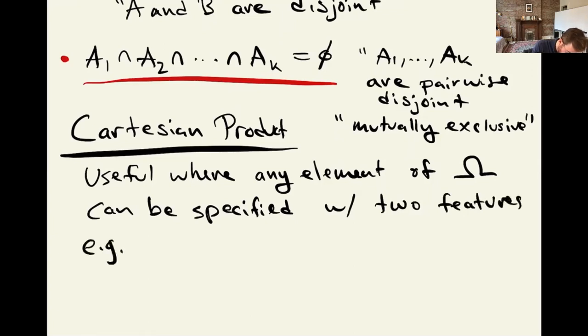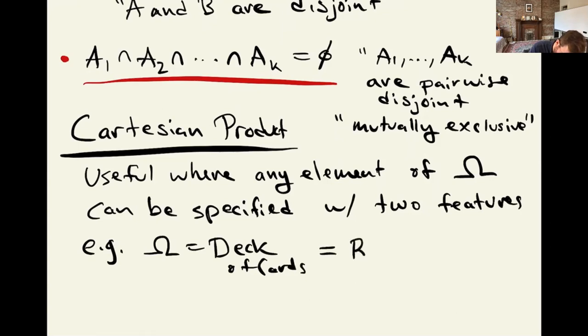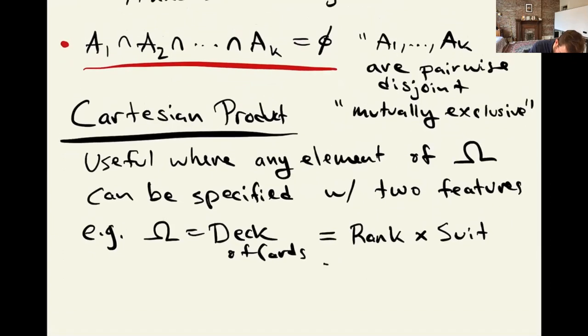If you think of omega being a deck of cards, this is actually naturally equal to the rank of a card along with its suit, with the idea that the rank is king, queen, jack, 10 all the way down through, let's say, ace, with the idea that ace is 1.